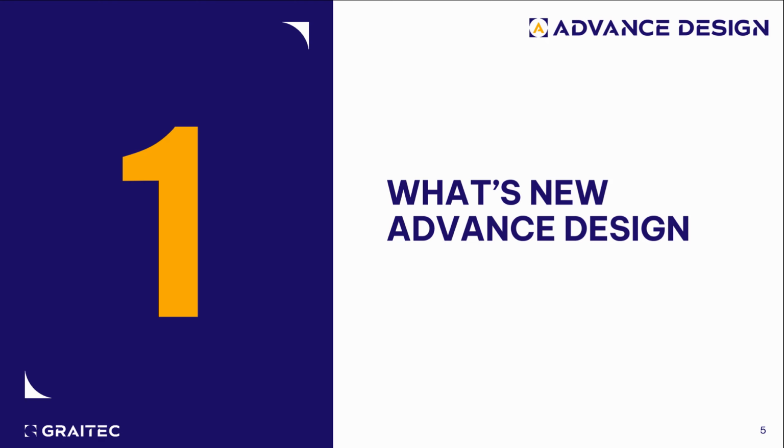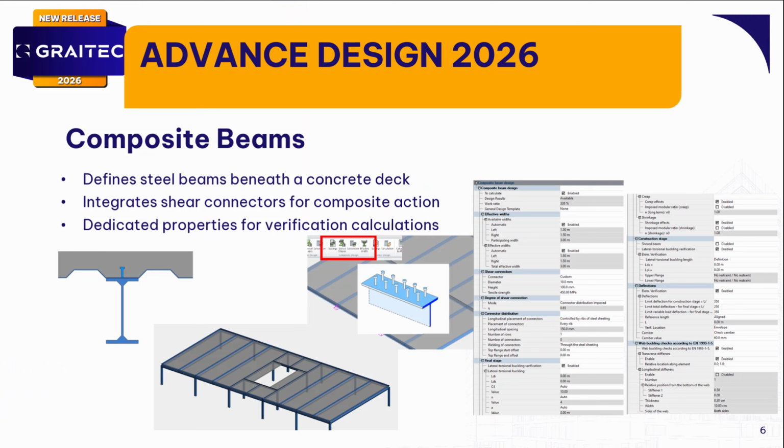So let's cover first what's new we have in Advanced Design version 2026. The major upgrade and new feature that we have added to Advanced Design based on our client requests is that we now have the design of composite beams in Advanced Design.